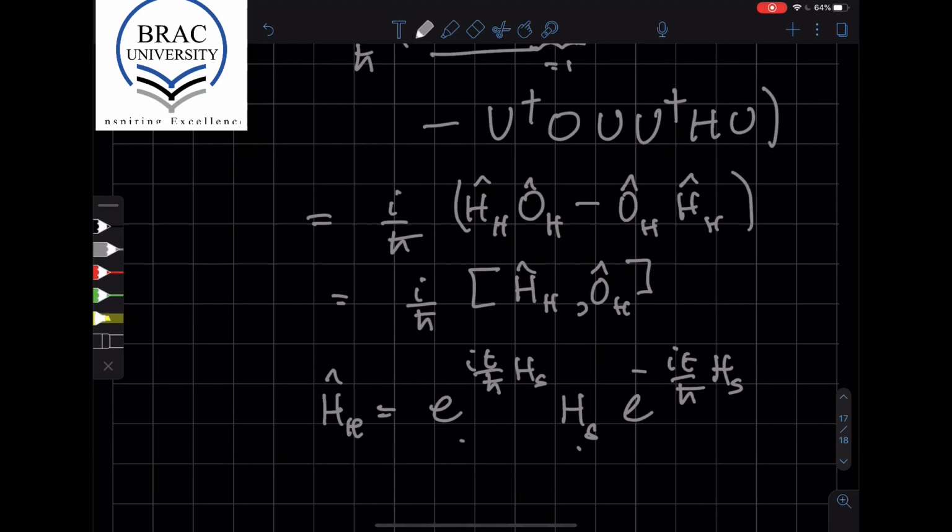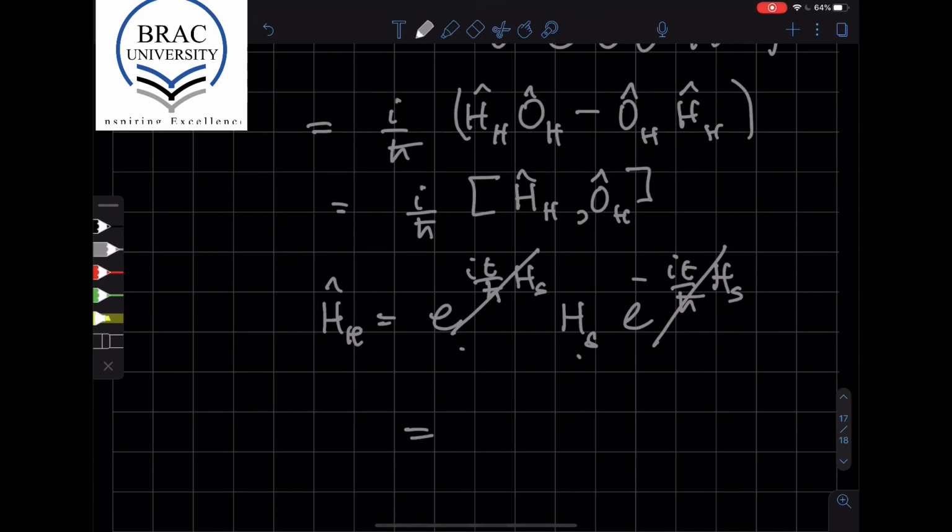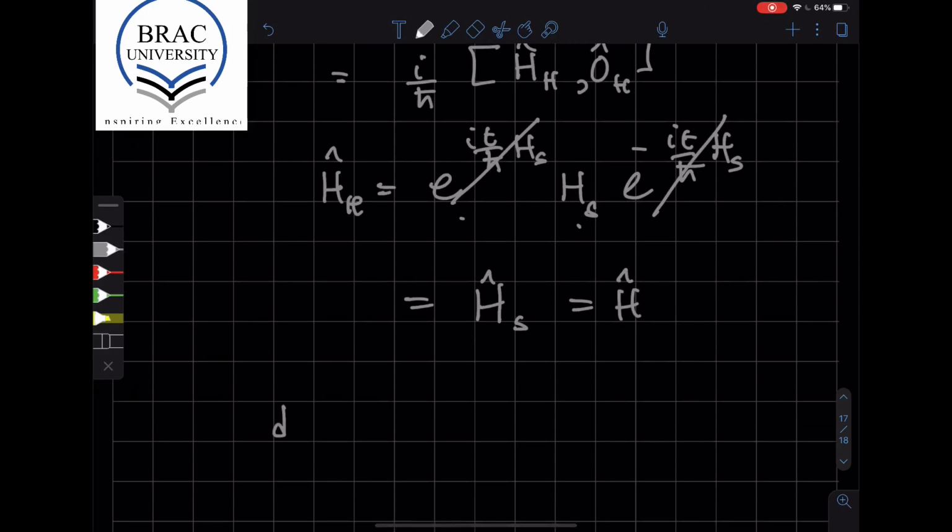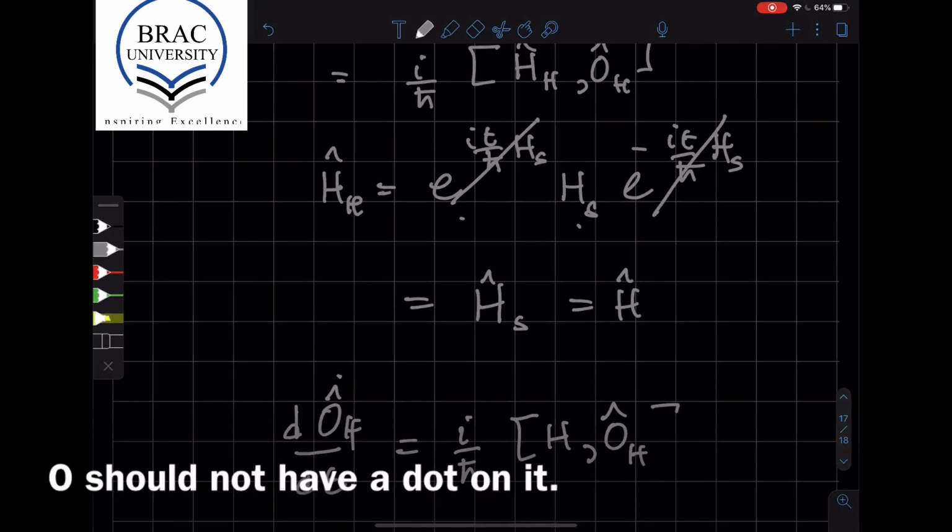But this thing and this thing commute, so this guy will cancel this guy. So the Hamiltonian in the Heisenberg picture is the same thing as the Hamiltonian in the Schrödinger picture, and we might as well just write it as H. So therefore we have found that the time derivative of an operator in the Heisenberg picture is given by i over h bar times the commutator of the Hamiltonian with the operator O in the Heisenberg picture.